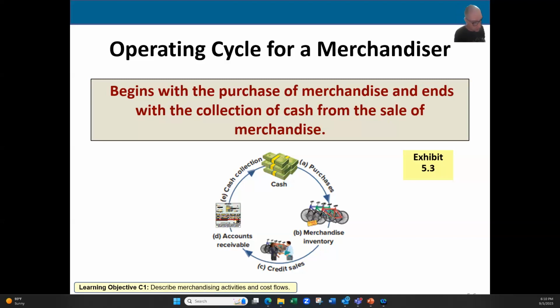When I sell a product to a customer on accounts receivable, we call that sold on credit. Okay. And then 30 days later or thereabouts, I collect cash from my customer. And then I do it all again. I sell the inventory, purchase more inventory, sell the inventory, purchase more inventory. It's a cycle, yeah? That's the nature of retail. That's how retail works.